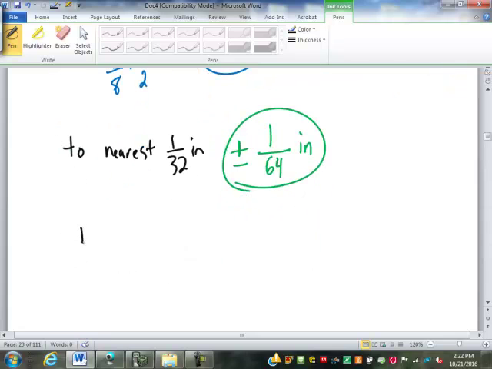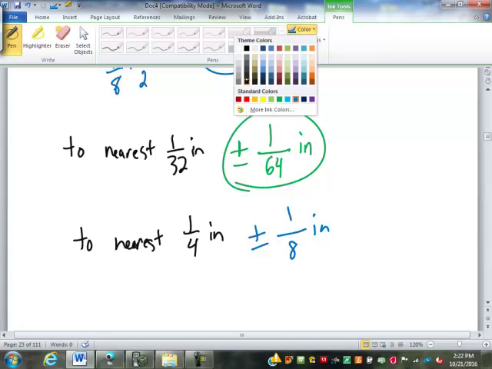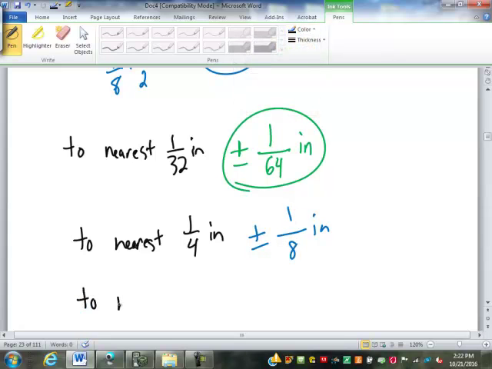If we have a ruler that measures to the nearest quarter inch, that's implying plus or minus what? 1/8. Very good. To the nearest 1/8.